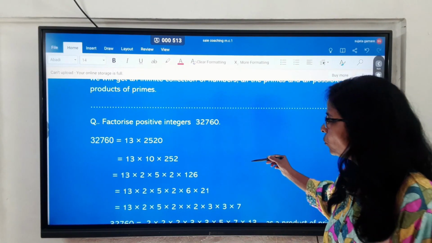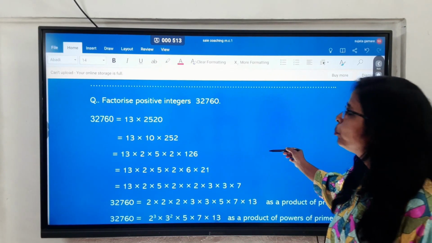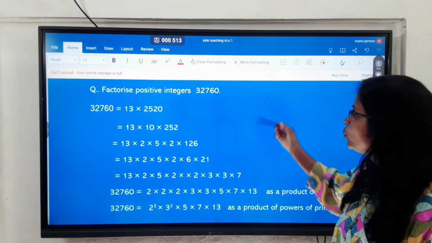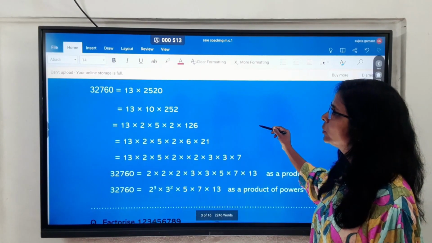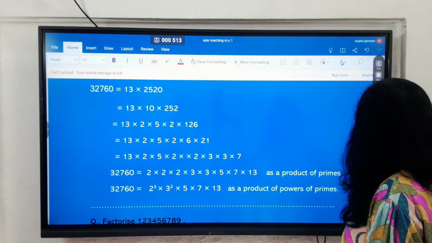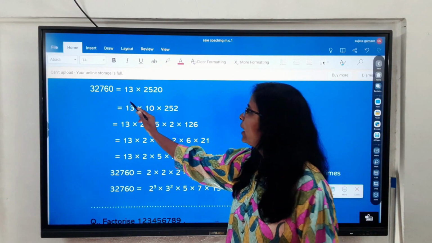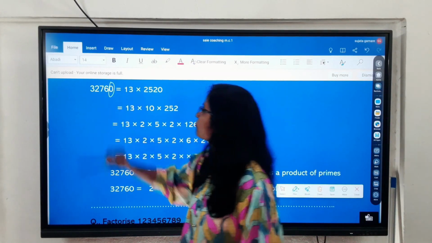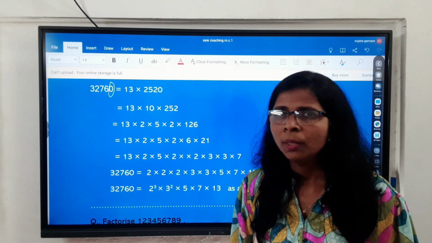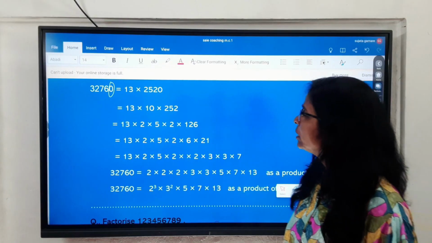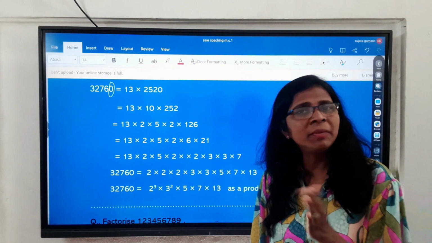Okay, so the question is: factorize the positive integer 32,760. Okay. So now I see that the unit place is 0. So this number will be divisible by 2. But as I observe this number, I identify that it should be divisible by 10.